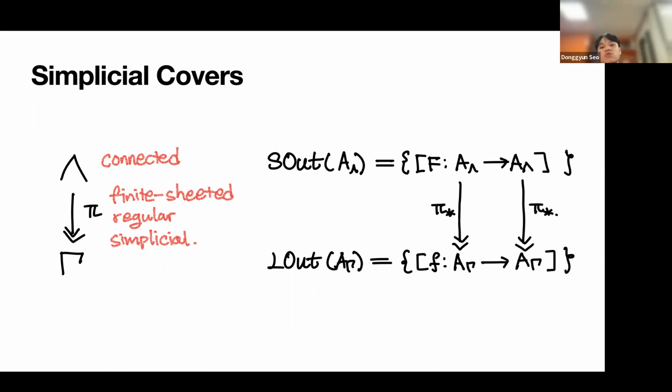Then we can collect the fiber-preserving automorphisms and the liftable automorphisms. Then they form two subgroups of Out A gamma and Out A lambda. We call SOut the symmetric automorphism group, and LOut the liftable automorphism group.